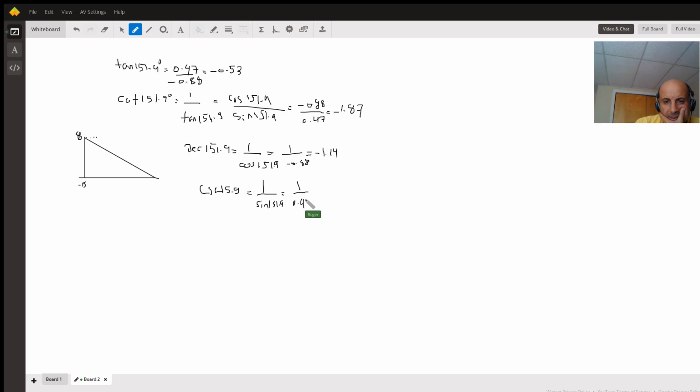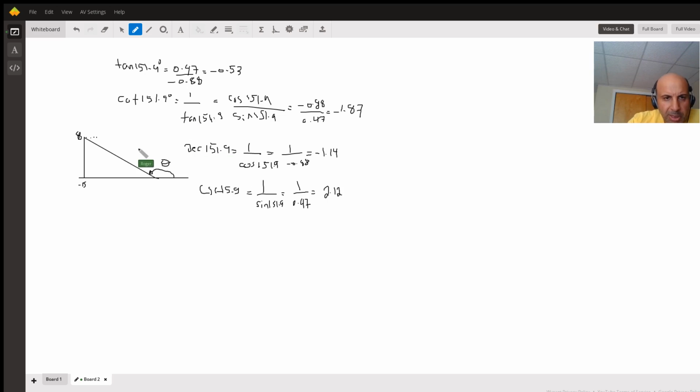So the cosecant is going to be positive 2.12. Okay. So those are your 6 trigonometric ratios for that angle right here, theta.